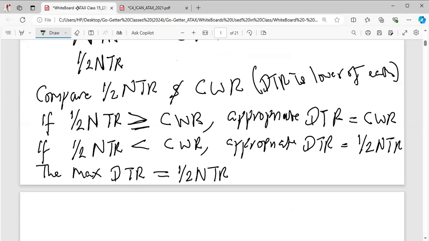When you compare half of Nigerian tax rates with CWR, whichever is lower is what you will use. So the maximum cannot be more than half, because if CWR is bigger than half of Nigerian tax rate, you will pay half of the Nigerian tax rate. But if CWR is smaller than half of Nigerian tax, you pay the CWR. So the maximum can never exceed half of Nigerian tax rate. That's what we are trying to say here.